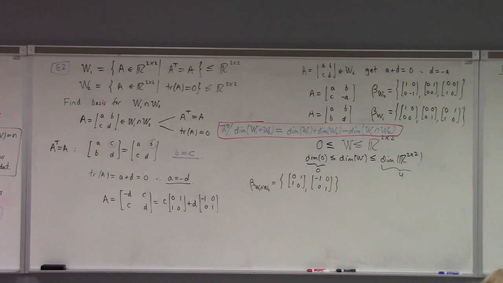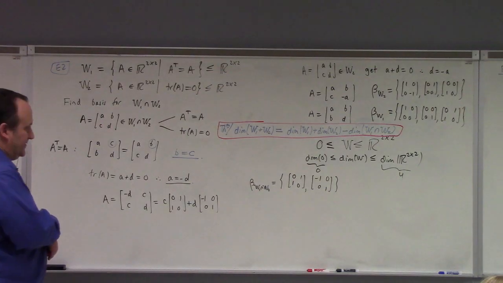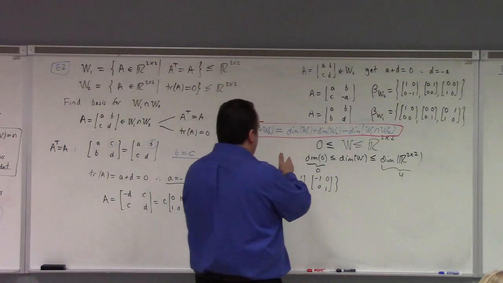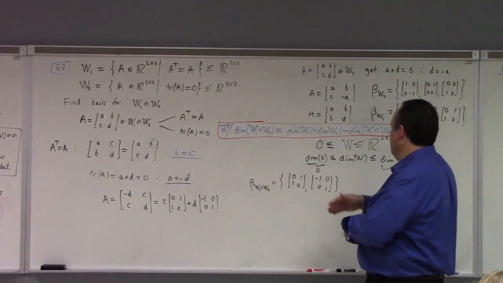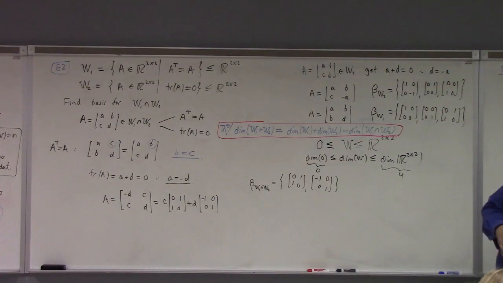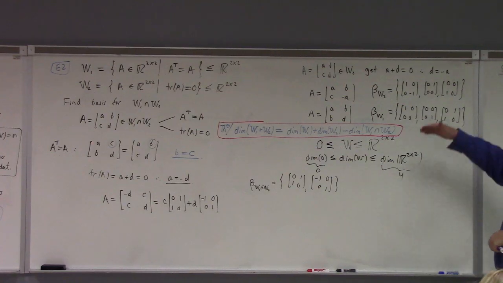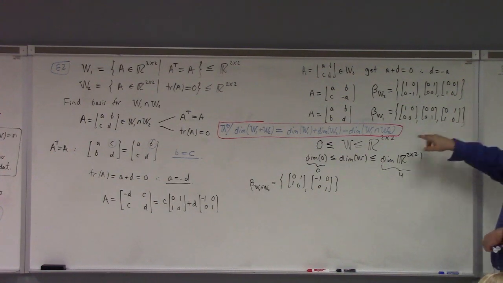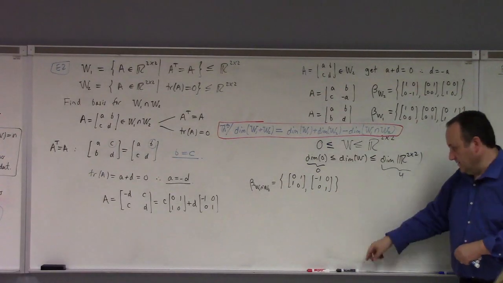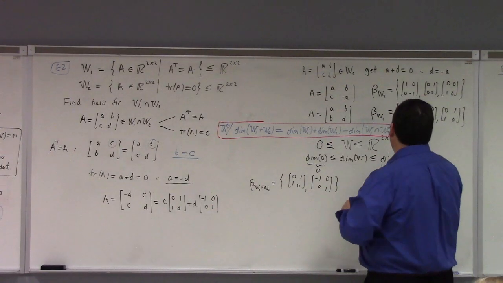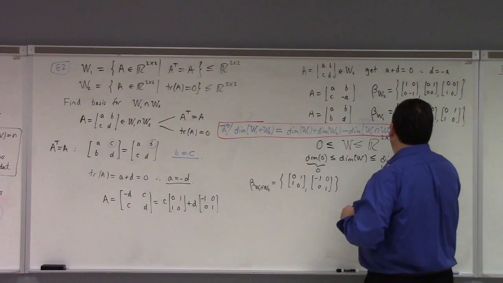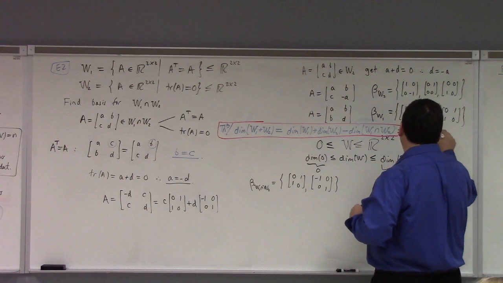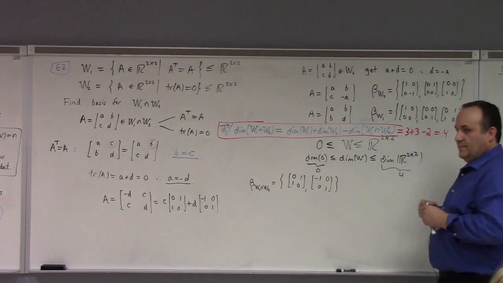What do you think? The dimension of W1 apparently is 3, and W2 is 3. We worked out the intersection to be 2. So if you believe my calculations on this board, we've got 3 plus 3 minus 2, also known as 4.